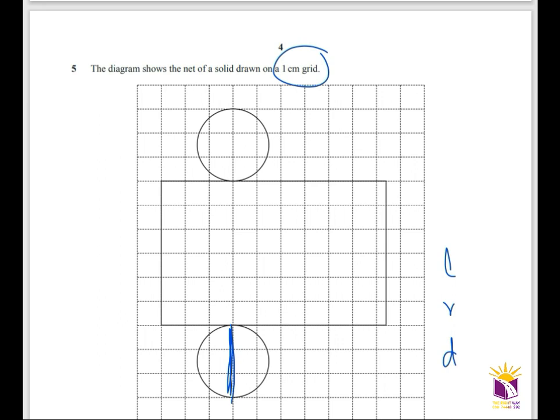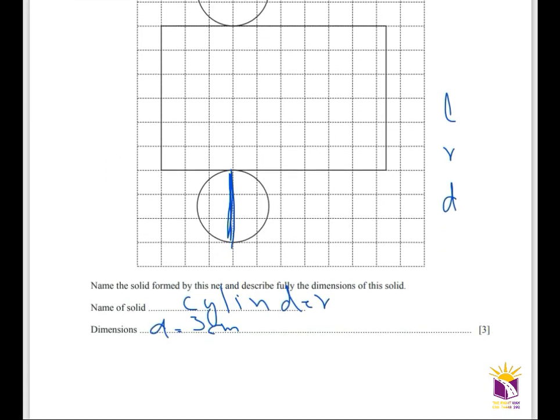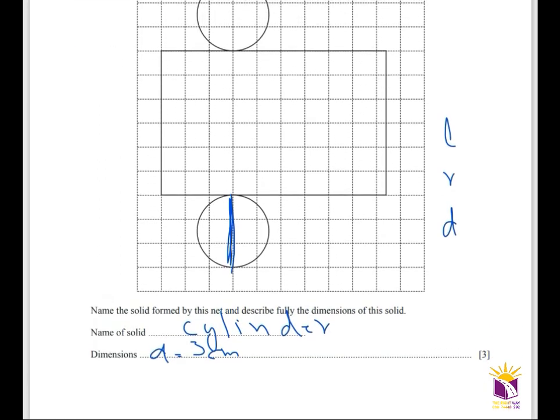So one block is 1 centimeter and 3 blocks is 3 centimeter. The diameter will be equal to 3 centimeter. And now its length. Length will be equal to 1, 2, 3, 4, 5, 6. And length will be equal to 6 centimeter. So the shape is a cylinder with diameter 3 centimeter and length 6 centimeter.